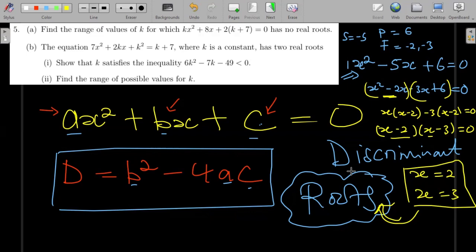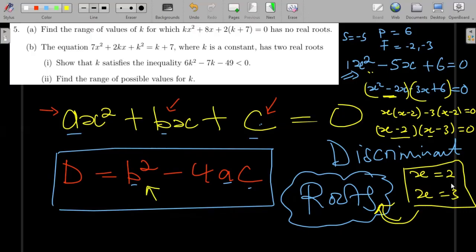So these roots, you can tell what type they are, even without solving this quadratic equation. So how can you tell the type of roots, or the type of answers, that you're going to have for the quadratic equation? You look at the value of the discriminant. There are three possible cases that you can encounter. One, it may be that the roots are two different real numbers.